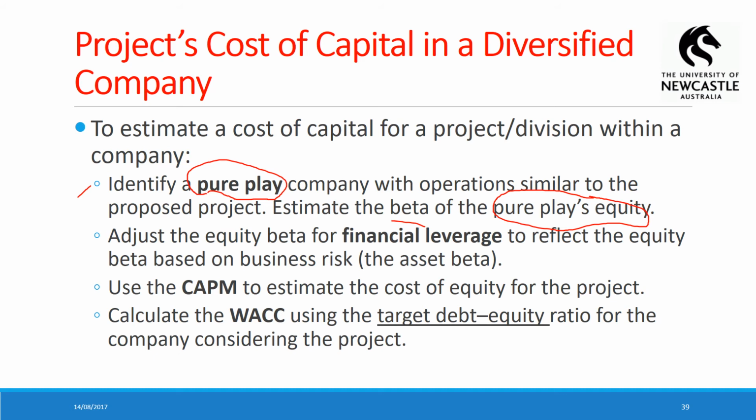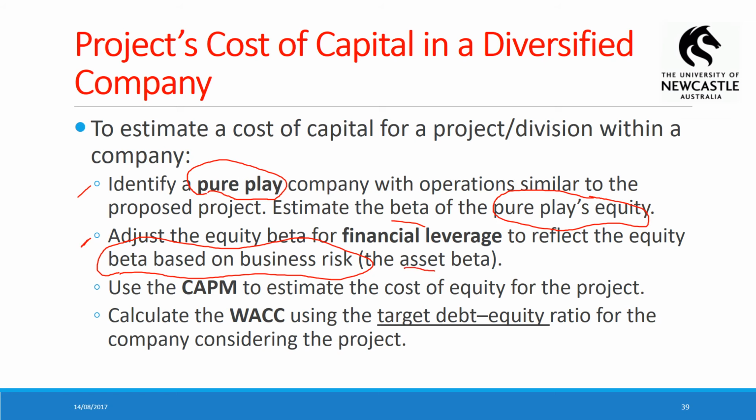But what we want here is a measure that captures only the business risk of the competitor. So what we have to do next is to adjust for the financial leverage of the competitor, so that we get an overall measure of just the business risk of the competitor.